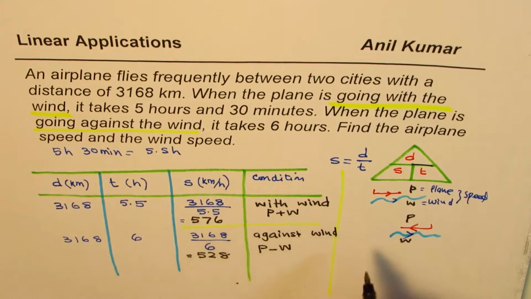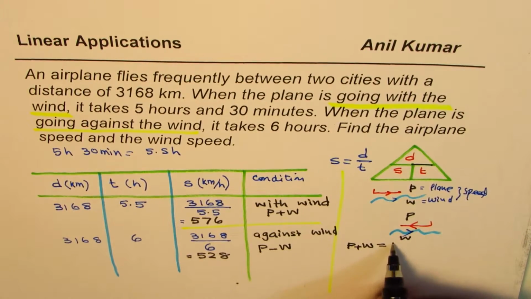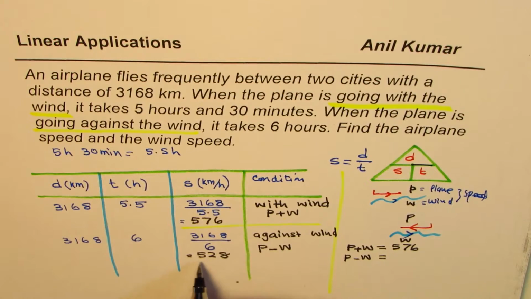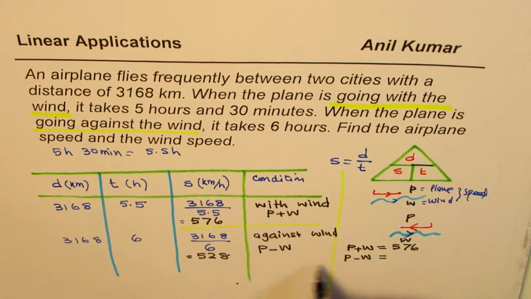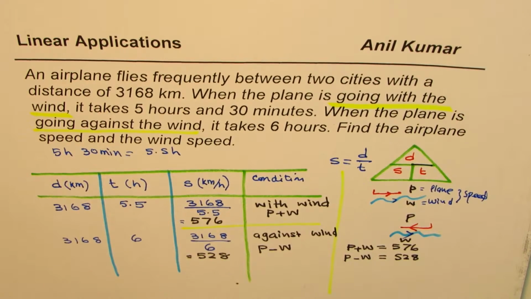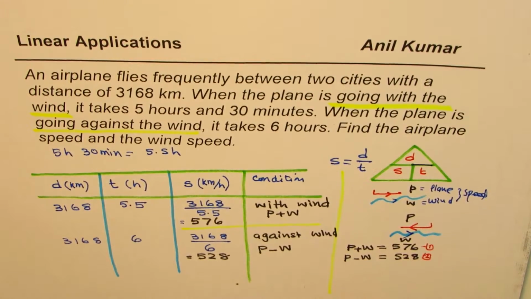So what we have here is P plus W equals 576 and P minus W, the difference of these speeds, the plane speed minus the wind speed, is 528. So we get two equations, equation 1 and equation 2. Solving them is kind of simple.